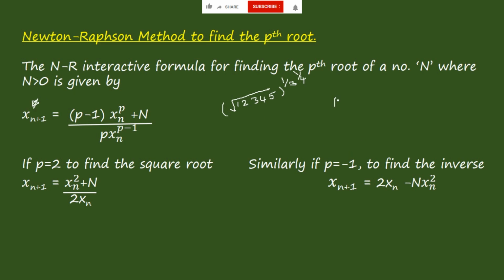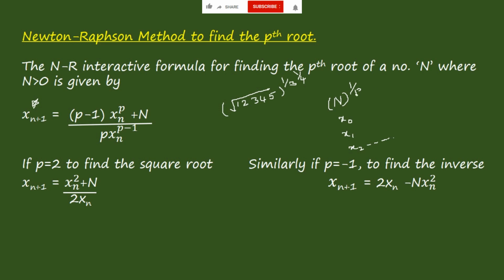You'd be having a number like n power 1 by p. Initially you would be assuming a number, let the root of it be x naught, and you'll be finding the x1 value. We'll be checking if it is fine or not. If not, we'll be finding out x2 value and so on.